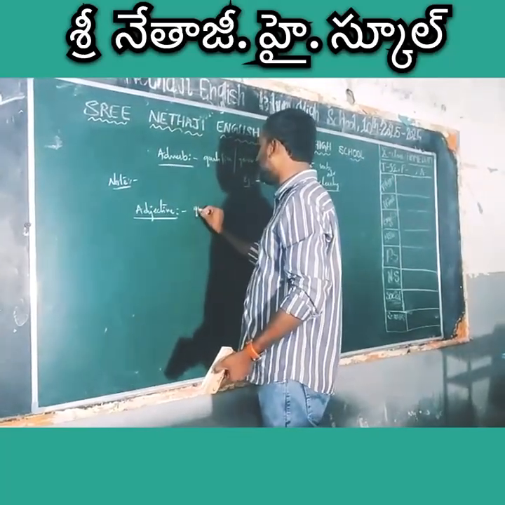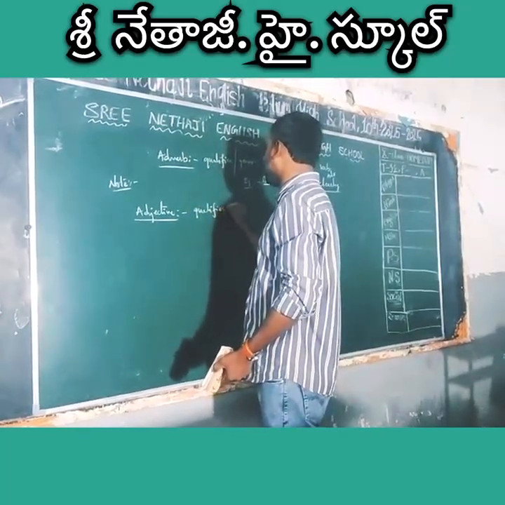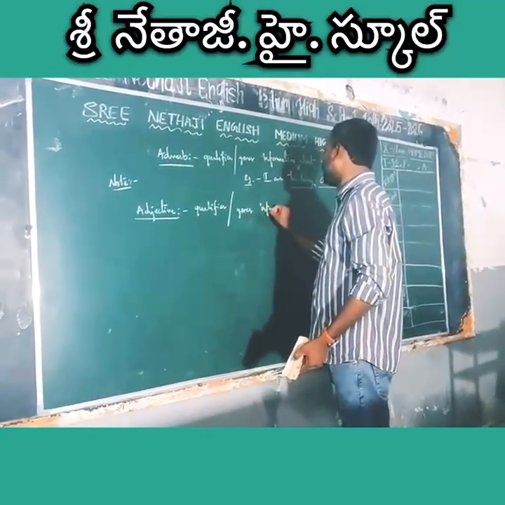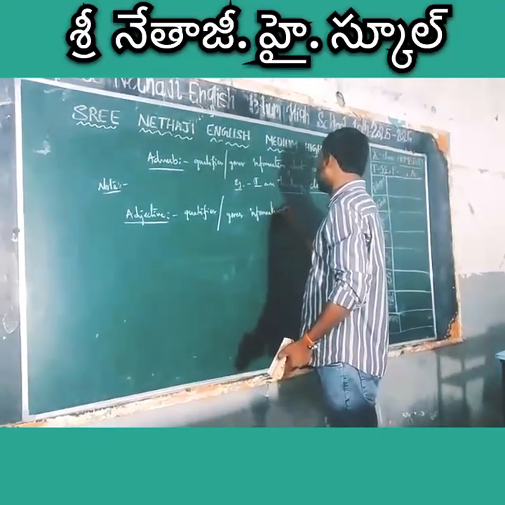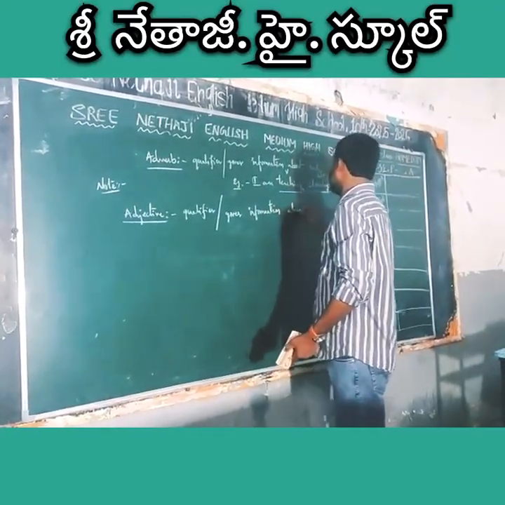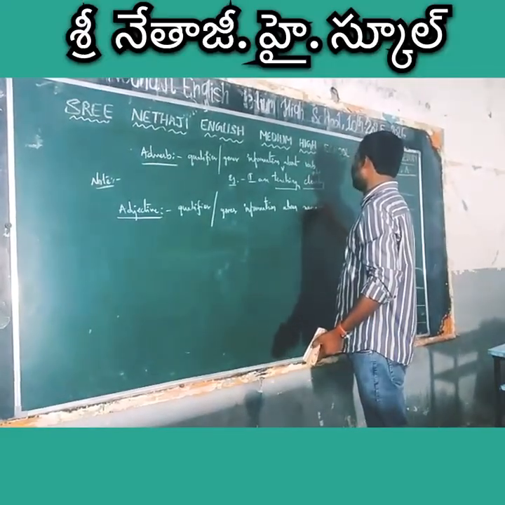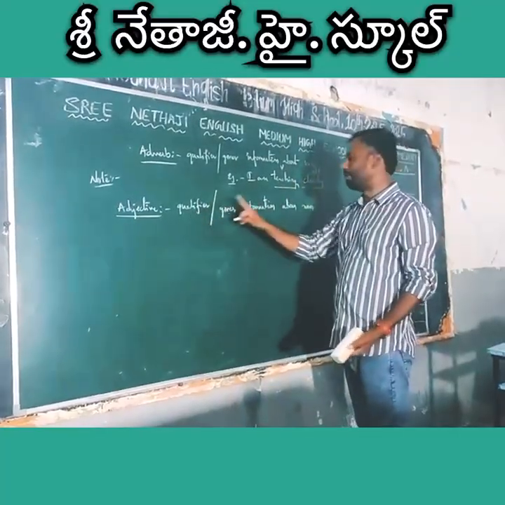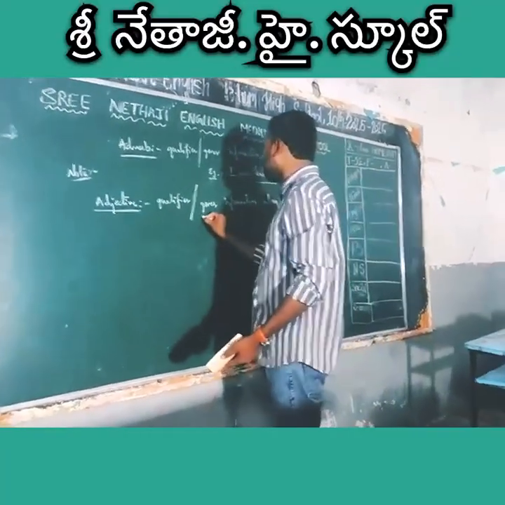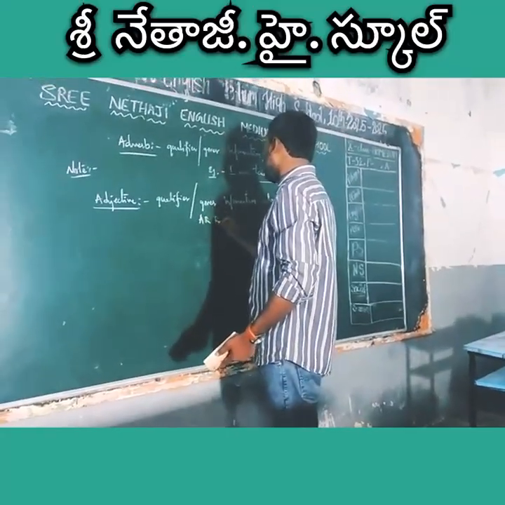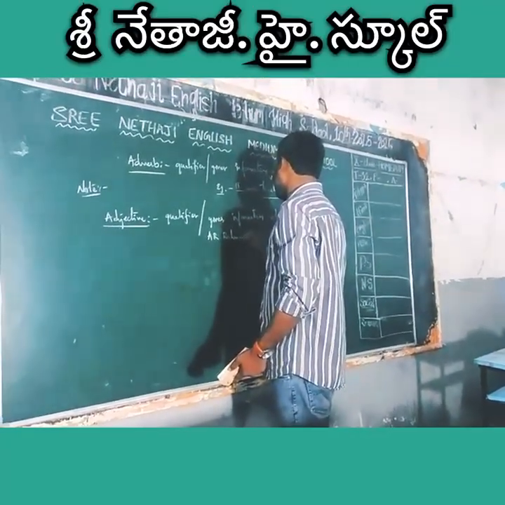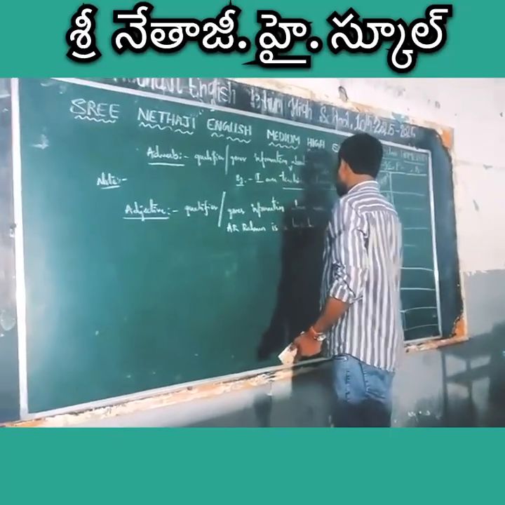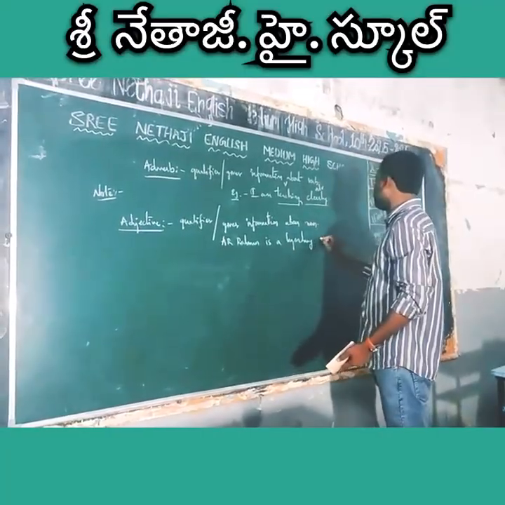Adjective is a word that qualifies or gives information about noun. So this is a small difference. Adverb qualifies verb, adjective qualifies noun. A.R. Rahman is a legendary musician.